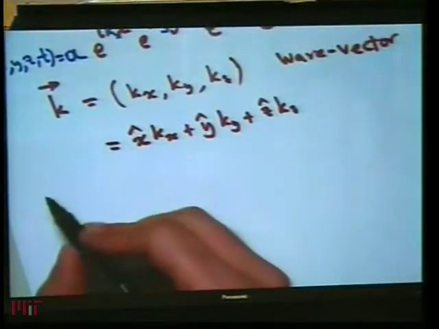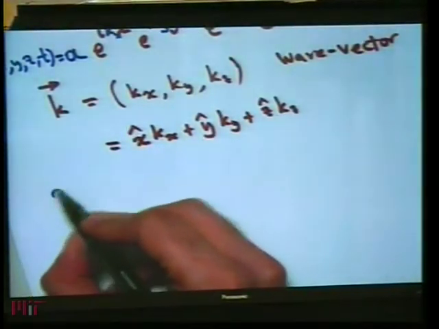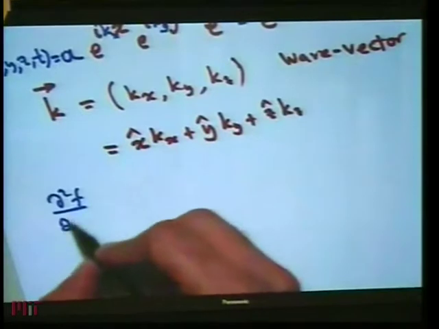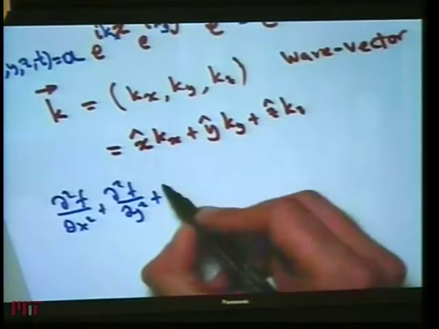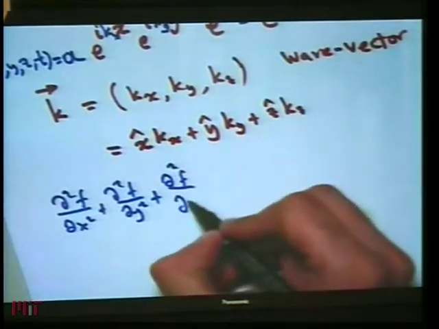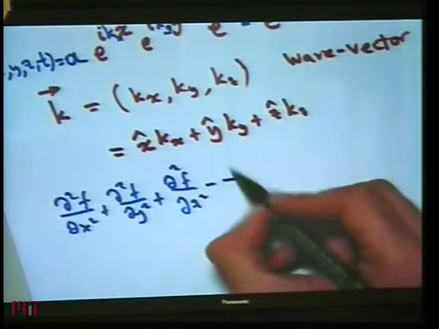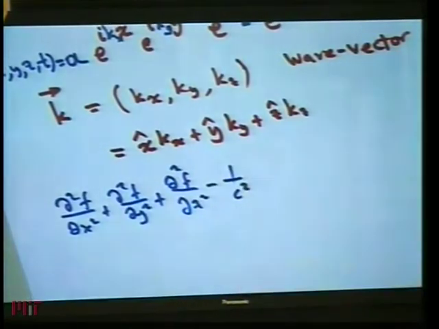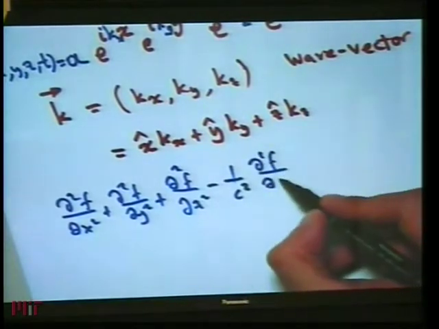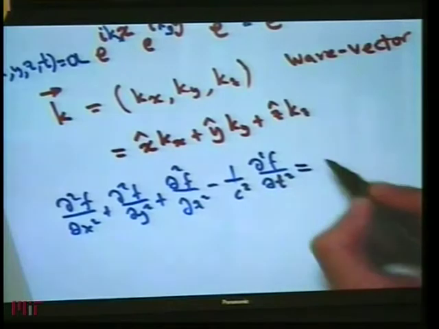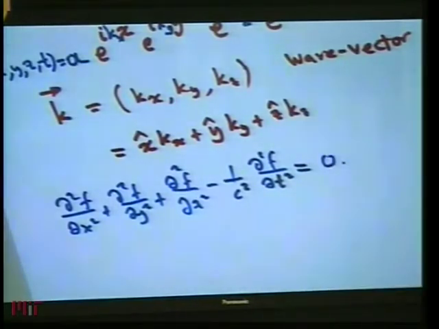And it must satisfy this nasty thing, which looks like d²f/dx² plus d²f/dy² plus d²f/dz² minus 1 over the velocity squared times d²f/dt², which must equal 0. This is what we call the wave equation.